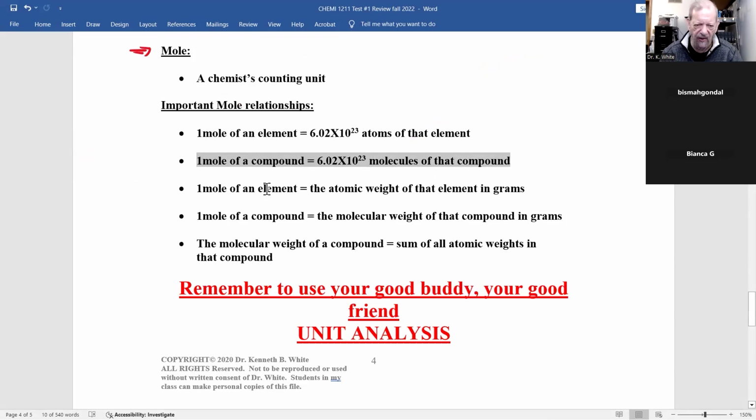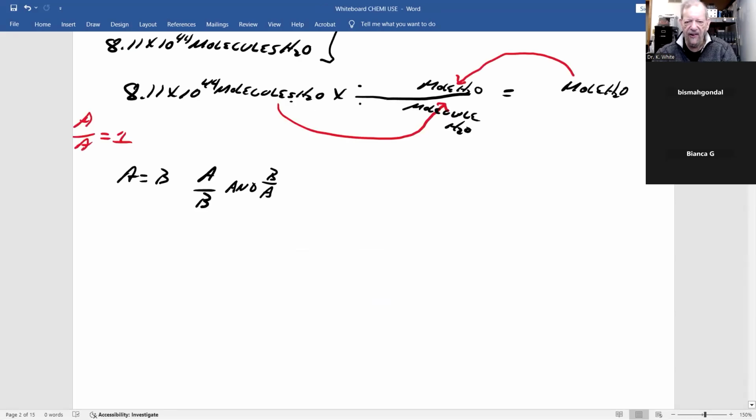Again, 1 mole of a compound equals Avogadro's number, 6.02 times 10 to the 23rd molecules, which means for every 1 mole of a compound, there's 6.02 times 10 to the 23rd molecules. Now, before I pick up my calculator, don't pick it up yet, I'm going to check what units I have.